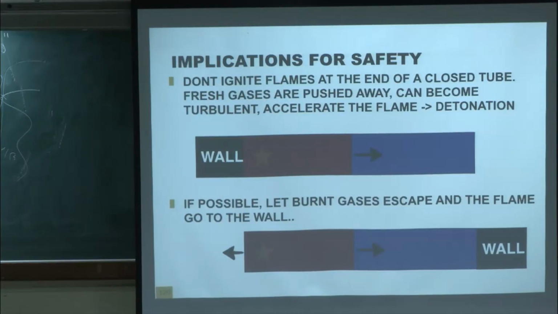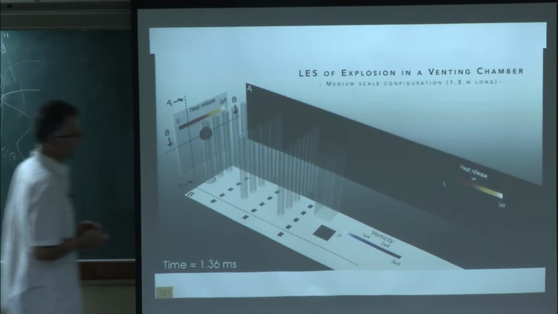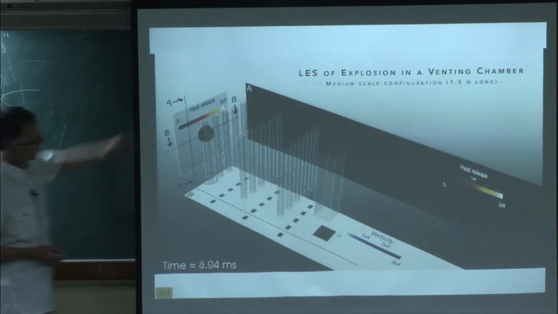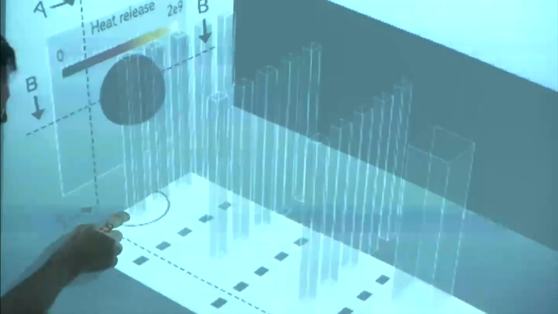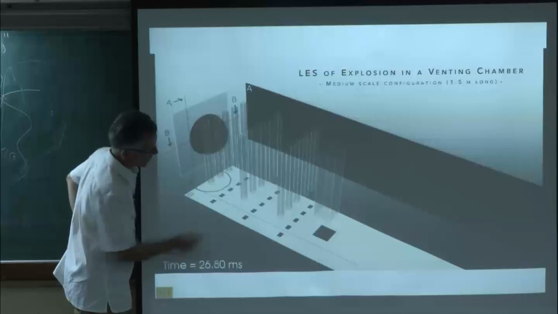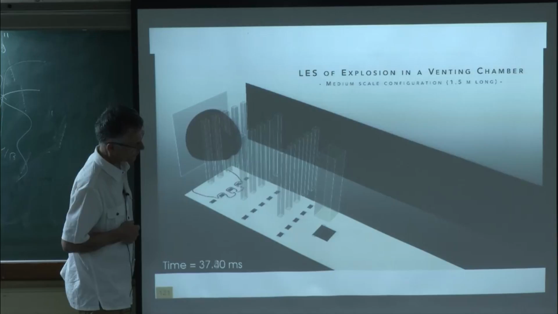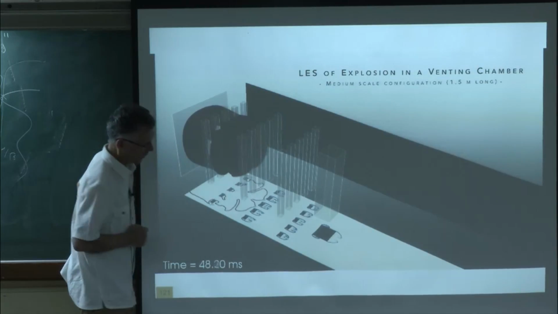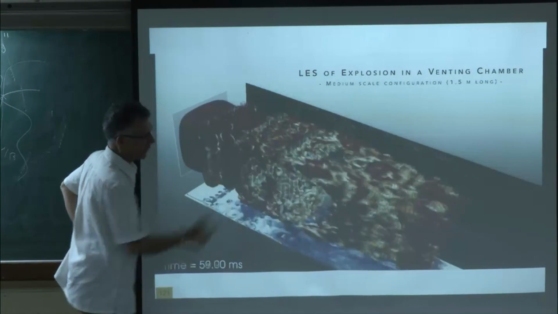This is something I will discuss tomorrow probably, but this is an example of what's happening in a simulation of that type. There's a small flame starting here and pushing the fresh gases away. You can see it when this flame goes. This is an obstacle. You will see here the flow starting behind these obstacles. And that's a flow which is induced by the flame. And when the flame will reach this zone, it will accelerate even more, push more turbulence, and then this flame will accelerate.